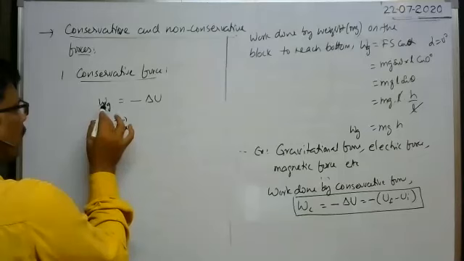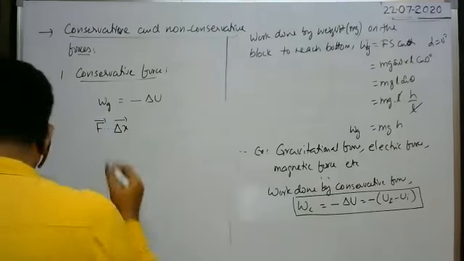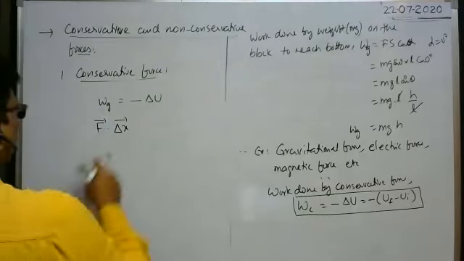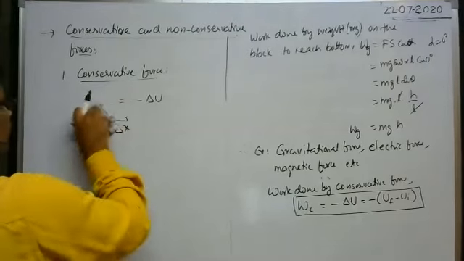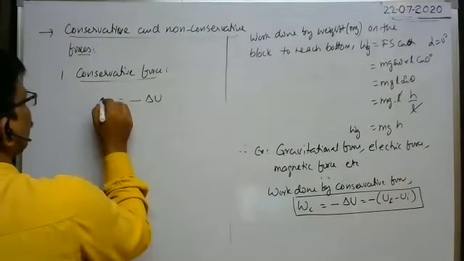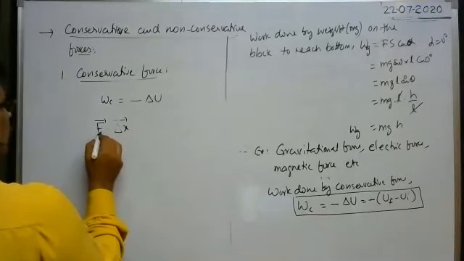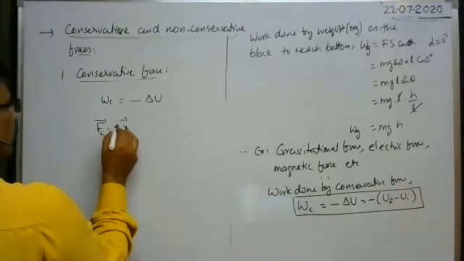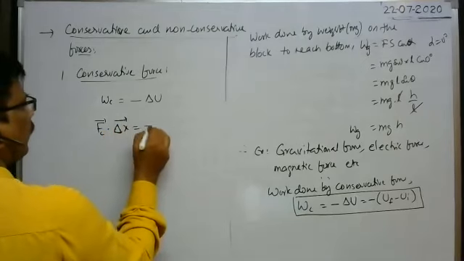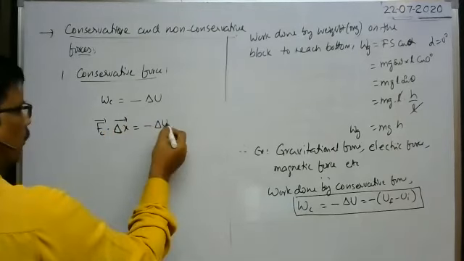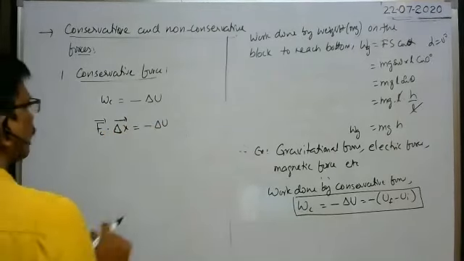So work done by conservative force on a body, WC, is equal to the conservative force acting on the body times delta X bar, that is equal to minus delta U, negative of change in potential energy.